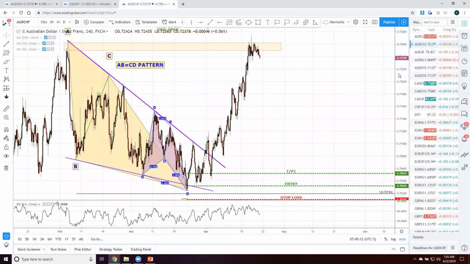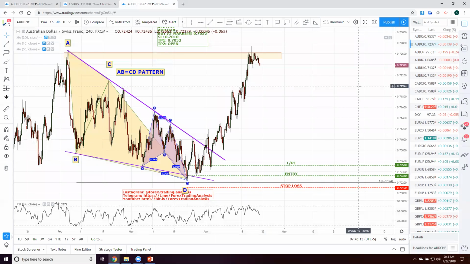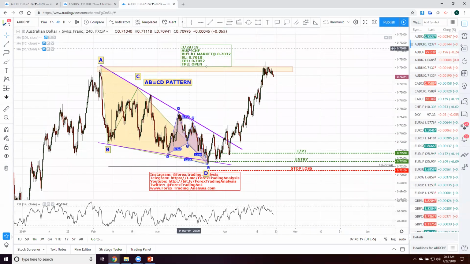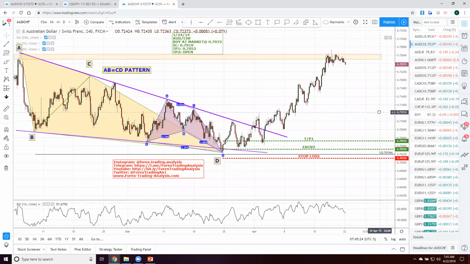Okay, so just for everyone's info, this was a trade we had placed on March 24th. So as you can see, we had multiple harmonic patterns that we were looking at.